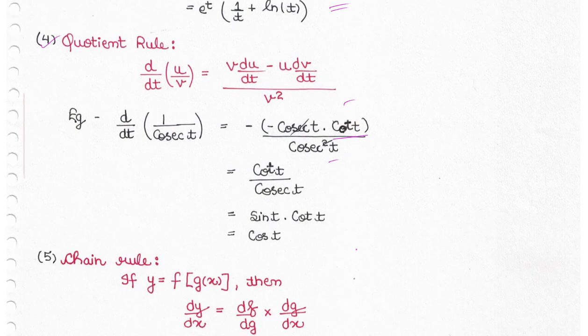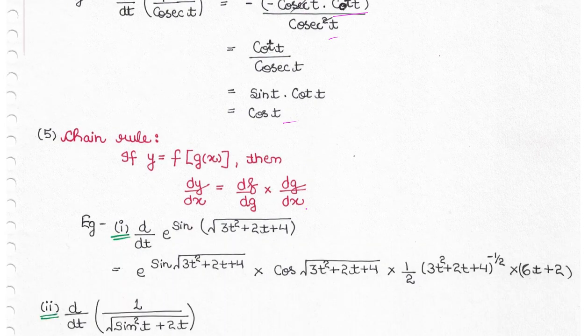Okay, if we simplify this thing, we have only cos t. Now the chain rule of differentiation, if y is equal to a function of g(x), then we can write dy/dx is equal to df/dg into dg/dx.